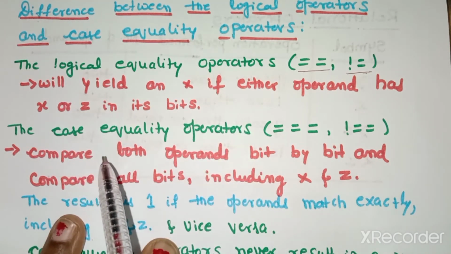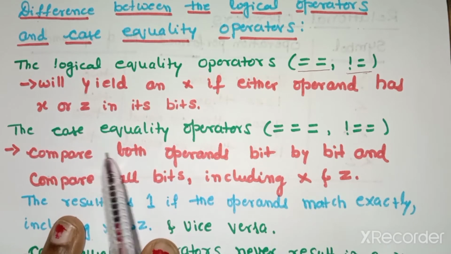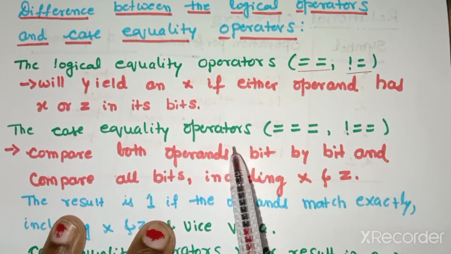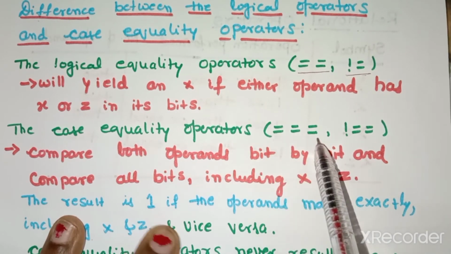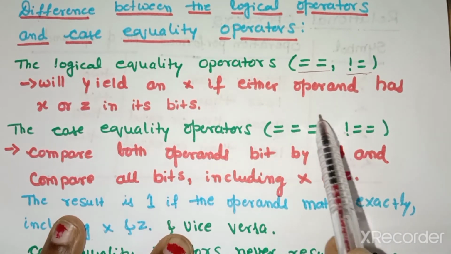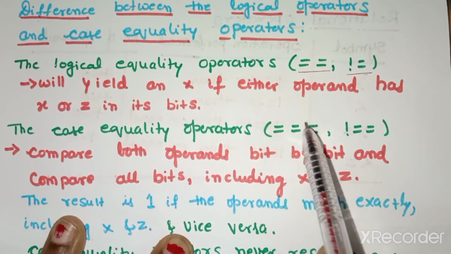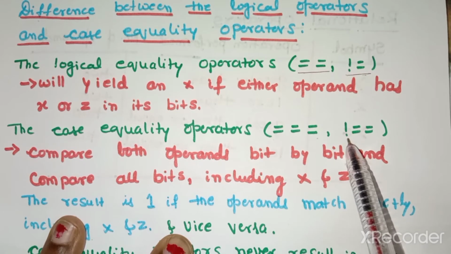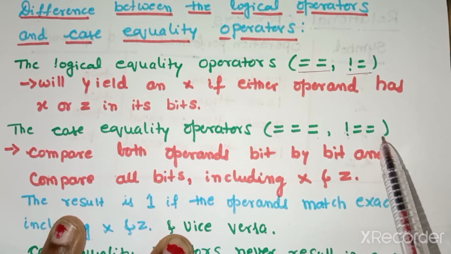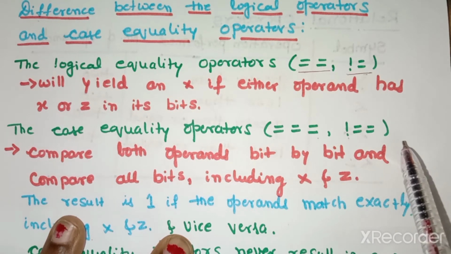But what happens in the case equality operators? What are the case equality operators? 3 equal to signs is called the case equality operator. The not symbol with 2 equal signs is called the case inequality operator.